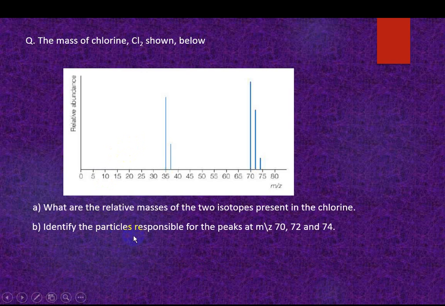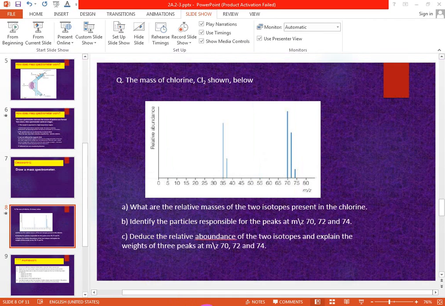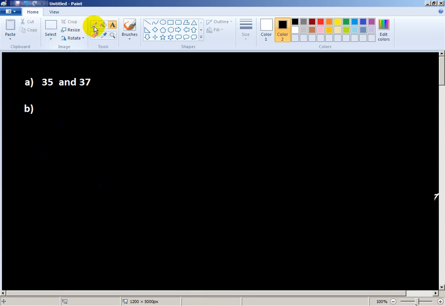Identify the particles responsible for the peaks at mass to charge ratio 70, 72 and 74. Which particles are responsible for this mass to charge ratio? For 70, which one?